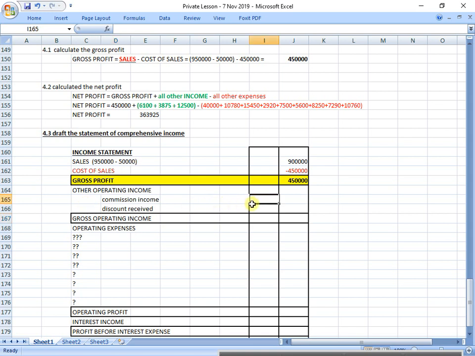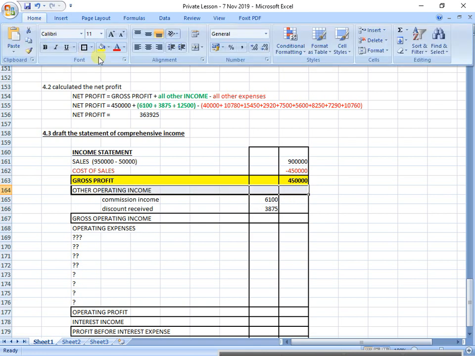Okay, so commission, how much? Commission was 6,400. Discount received, how much? Discount was 3,875. Good. Those are the two. Other operating income is the total. So add.